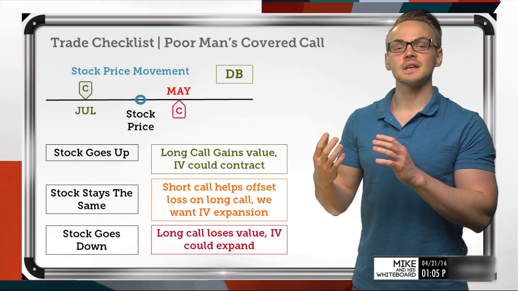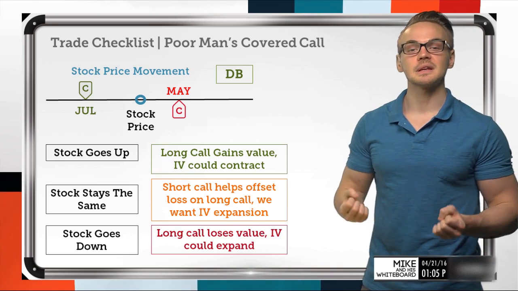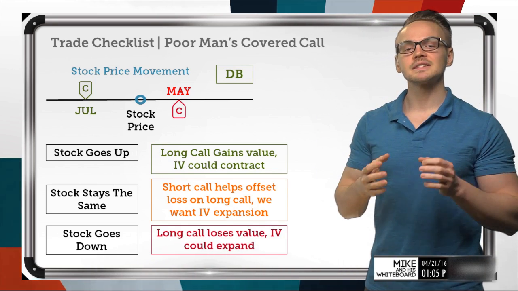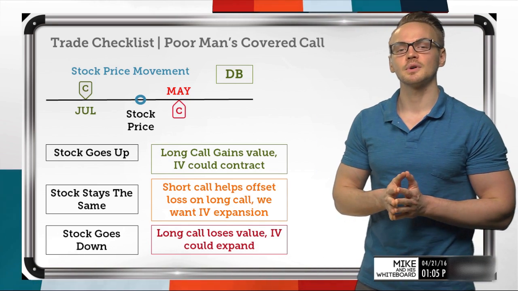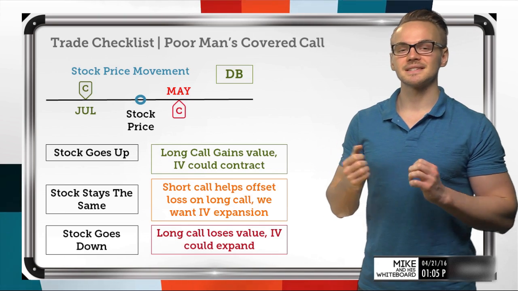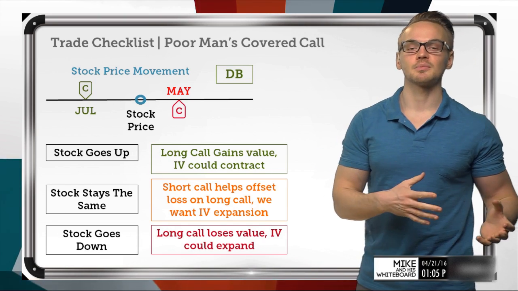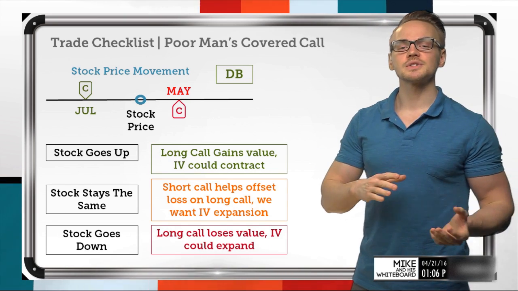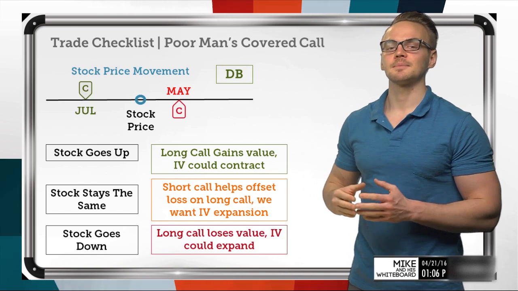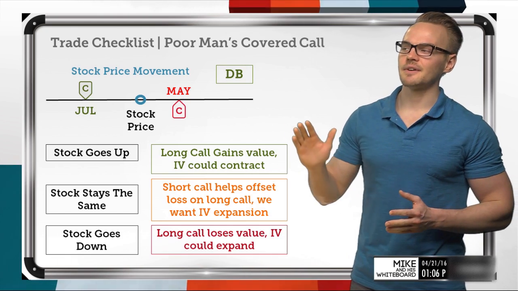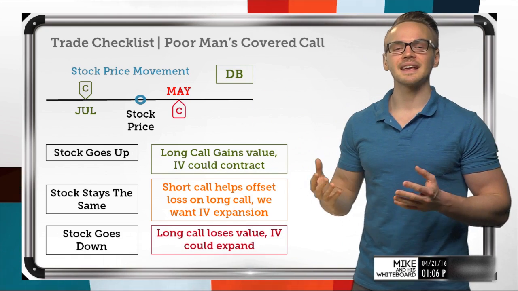When a market drops quickly, we'll usually see implied volatility spike. That benefits the poor man's covered put by accelerating the profit if it moves down, but it would also accelerate the loss on the upside.